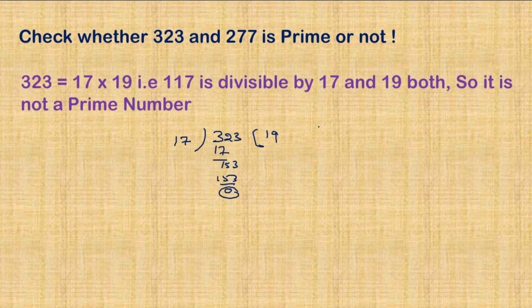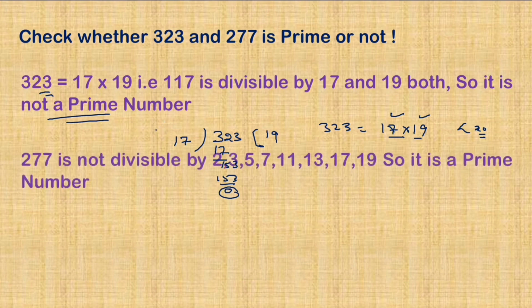So we can say 323 is equal to 17 into 19. So it is divisible by both 17 and 19, and so it is not a prime number. These 17 and 19 are prime numbers below 20. So this number is not a prime number.